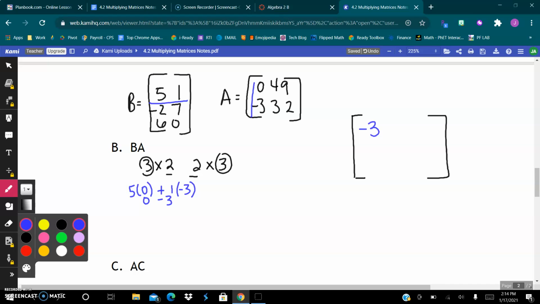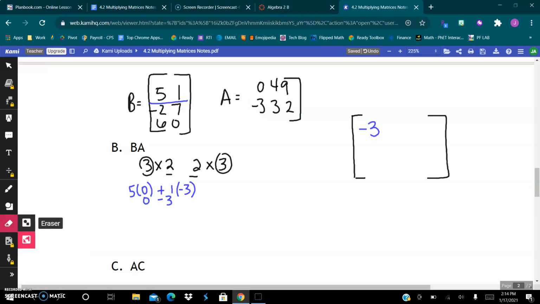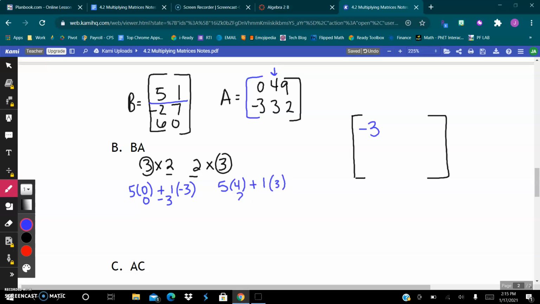And then for our next number, we're going to slide over to the next column. So we're going to do the first row, and then the second column here. So that's going to be 5 times 4 and a 1 times a 3. So that's 20 plus 3. So that would be a 23.